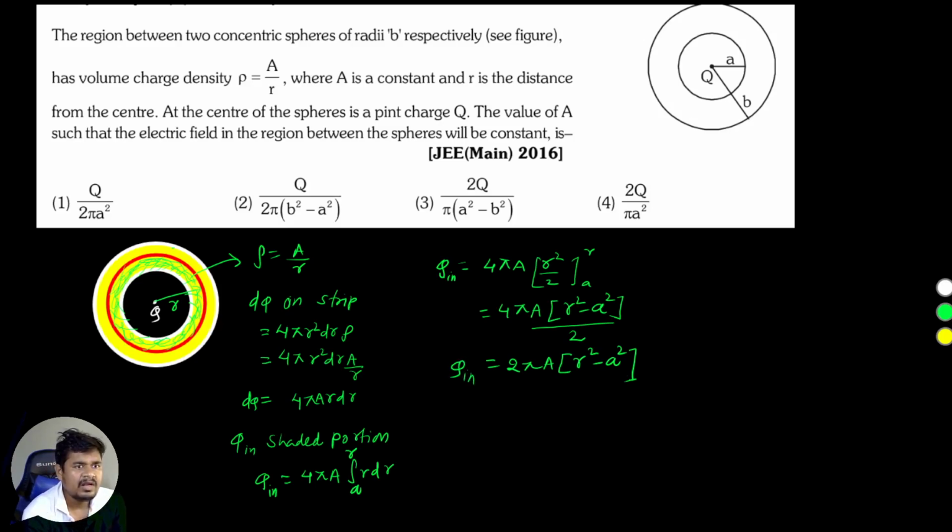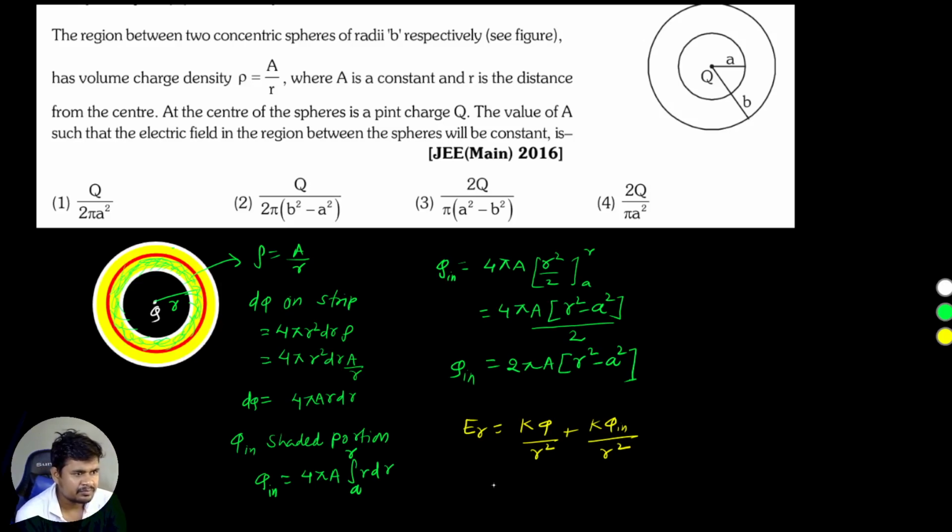Now the electric field at r: E at r will be kq by r square plus k q enclosed by r square, and it is saying that the electric field is constant there.